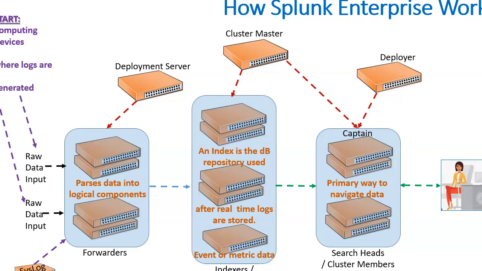Okay, so forwarders are basically responsible for collecting your data and forwarding it to another Splunk instance, in this case the indexer. The indexer is where the data is being stored, and whatever logs come in at real time, they will be stored in the indexer, and yet you use the search head, which will give you access to the data that is present in the index.